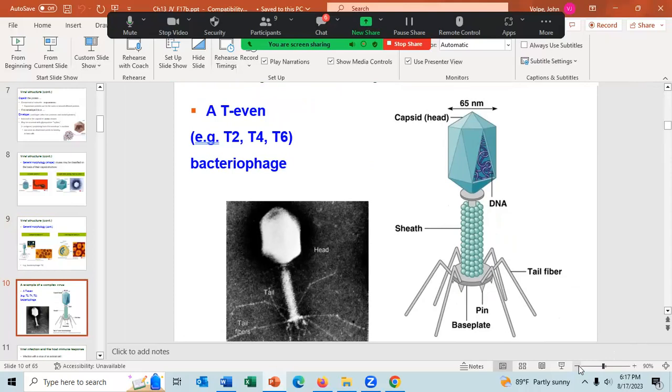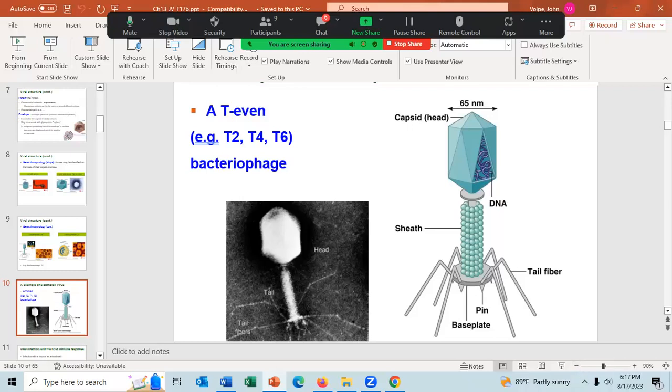T4 actually infects bacteria, and probably the reason why it was chosen to be the one studied the most is because it actually infects E. coli, a bacteria cell, which is very common in most microbiology labs. And T4 infects E. coli.